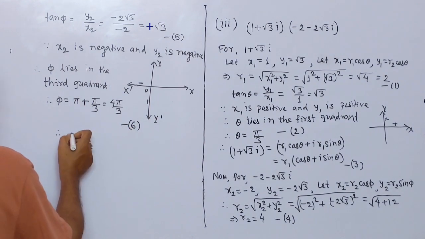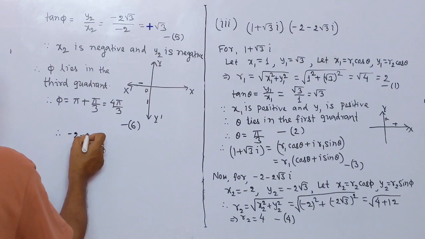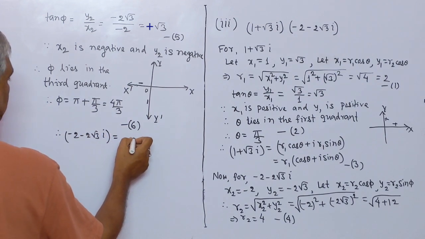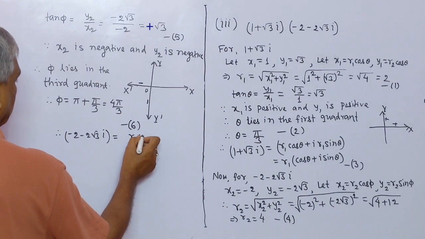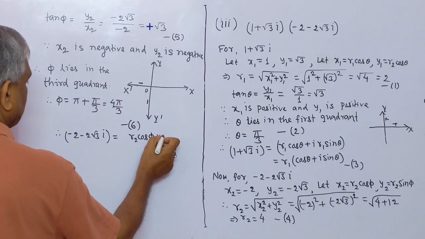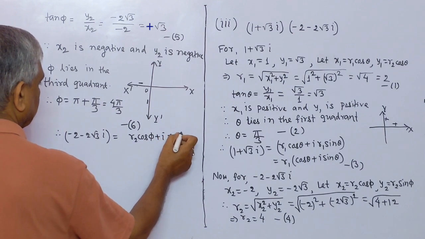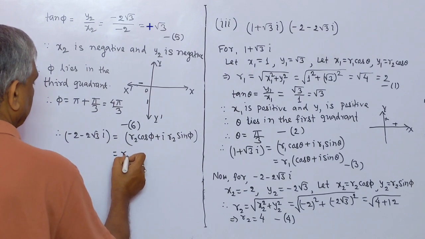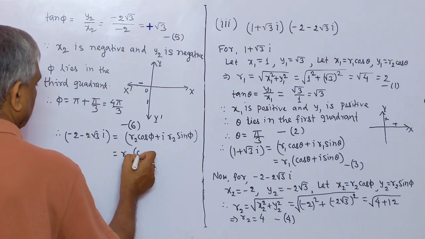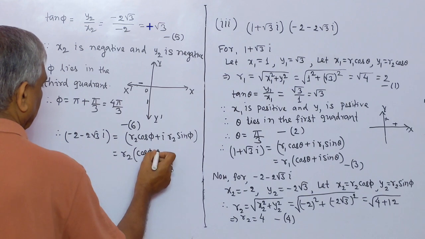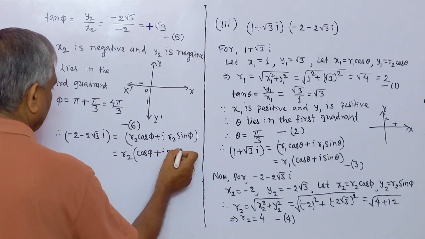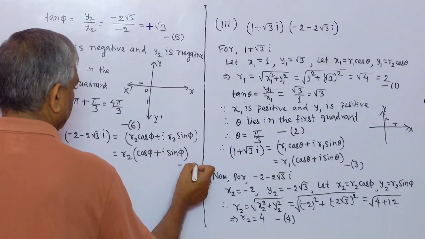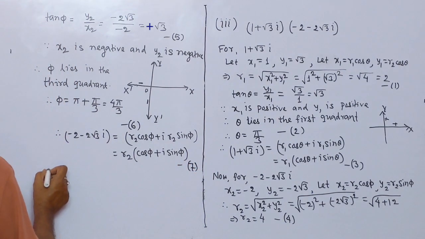Therefore, minus 2 square root 3 I equal to r2 cos phi plus I r2 sin phi, which is r2 times cos phi plus I sin phi. This is number 7.